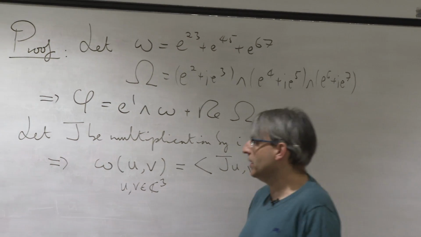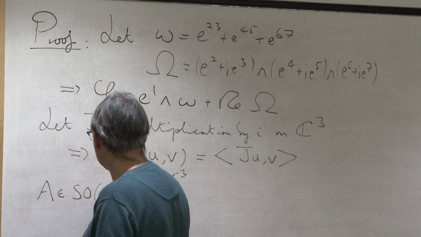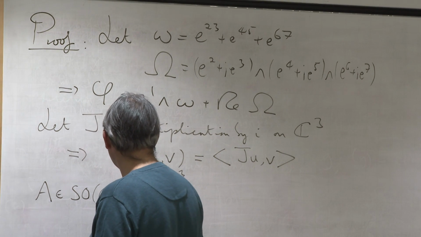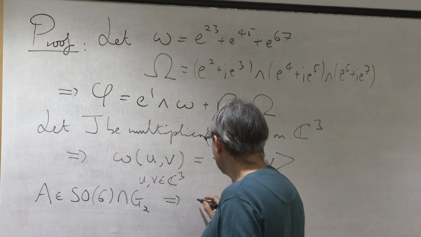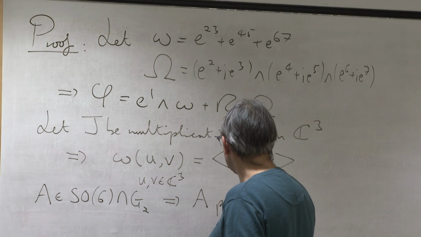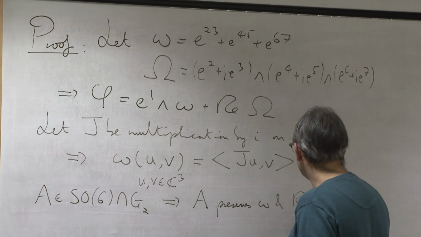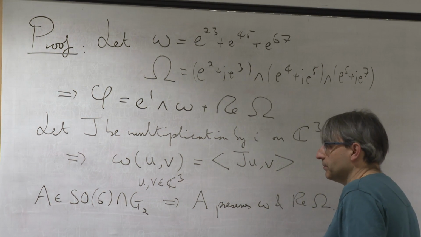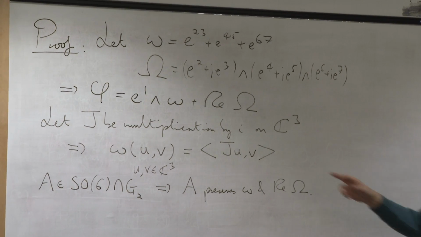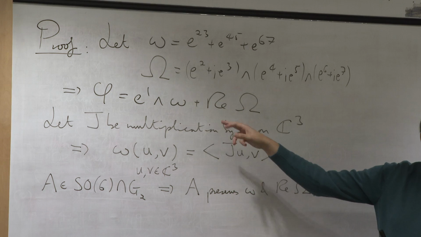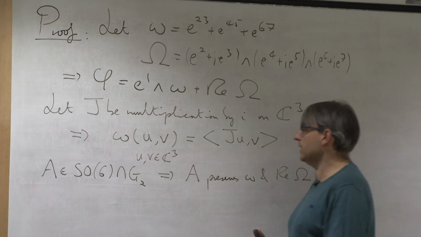And so you see, if A is in SO6 intersect G2, then this implies that A preserves omega and the real part of omega, right? Because I'm stabilizing the E1, so I have to preserve the little omega and this one. I have to preserve both of those. So what does it mean for A to preserve omega?